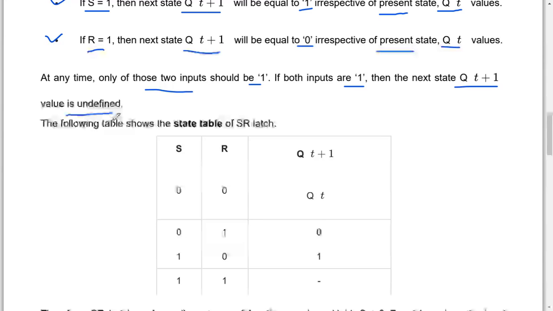The following table shows the state table of the SR latch.